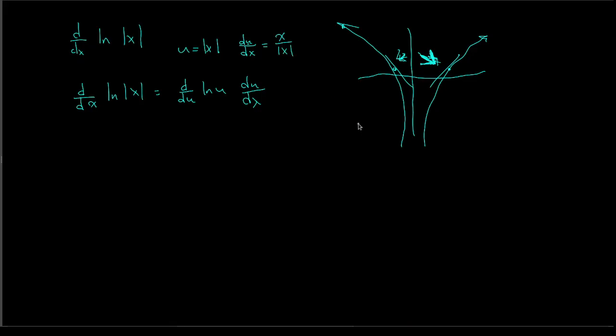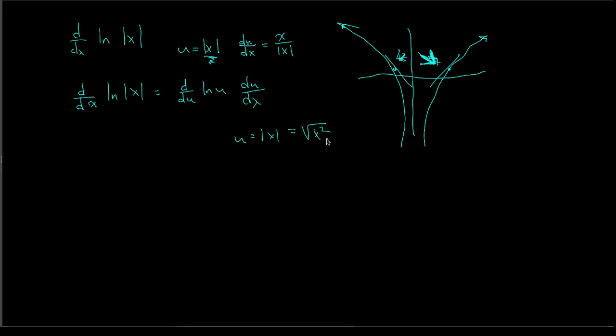Now, how did we get this? How did we get x over the absolute value of x? Well, let's look at the chain rule happening here. I think I did this on the board in class.